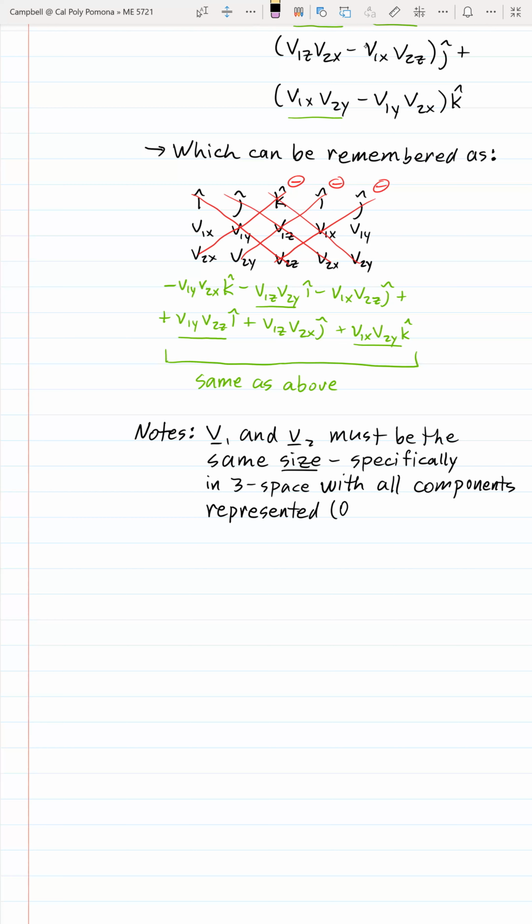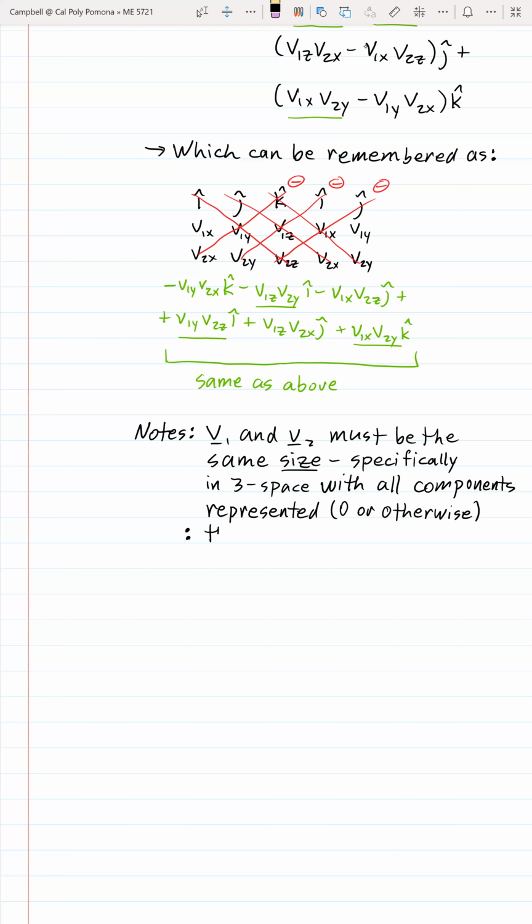And here I'll just note 0 or otherwise. So we just need to make sure we capture all of the components. It's pretty simple if they have some non-zero value associated with them, but we still have to capture it if that component has a 0 value associated with it as well.